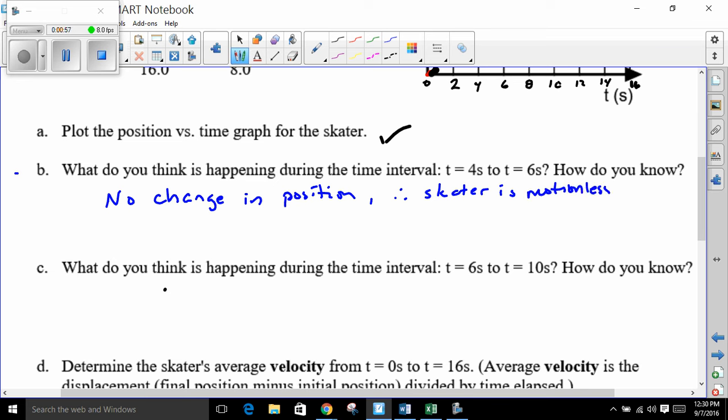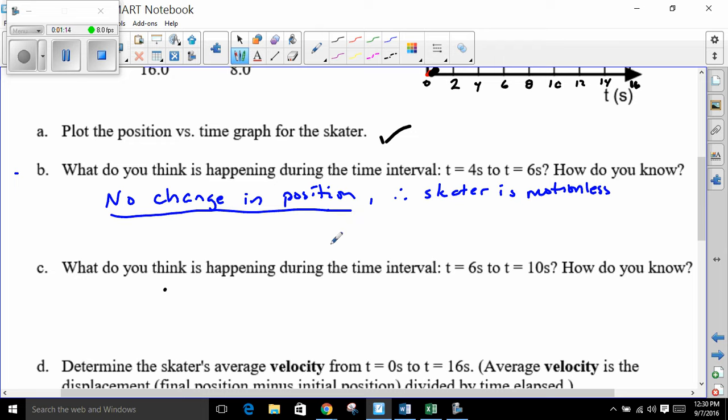And how do you know? Because according to the graph, the skater is stopped at 4 meters. So 4 meters at two different times. That's no change in position. So the how do you know would be actually what I said first.